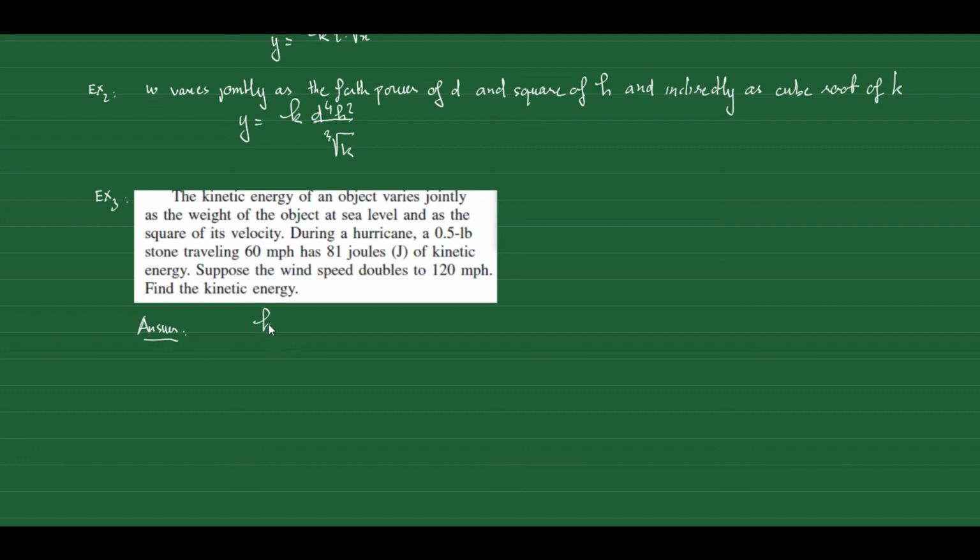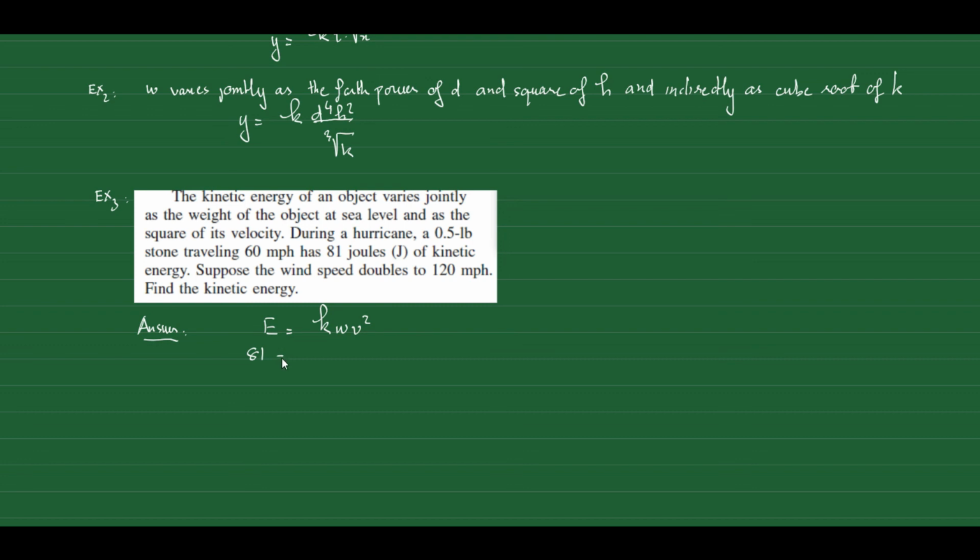So kinetic energy E equals k, the joint variation constant, times weight and the square of the velocity. During a hurricane, a 0.5 storm travels at 60 and has 81 joules of kinetic energy. So we can set up the equation of variation.